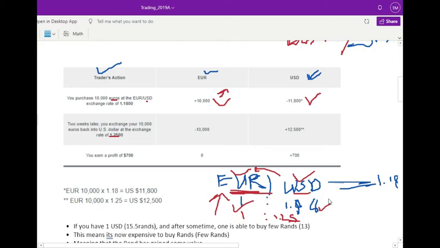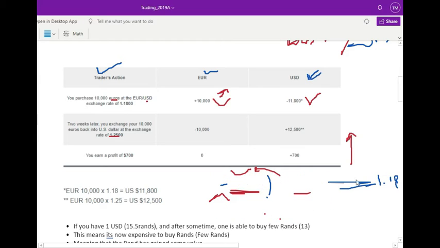I think it was worth it for me to explain. So now the exchange rate is this, which means it has increased in value. Now you have your 10,000 euros, and they have increased in value like this. Let me rub this out so that people don't get confused here. So we are simply saying this has increased in value, right?